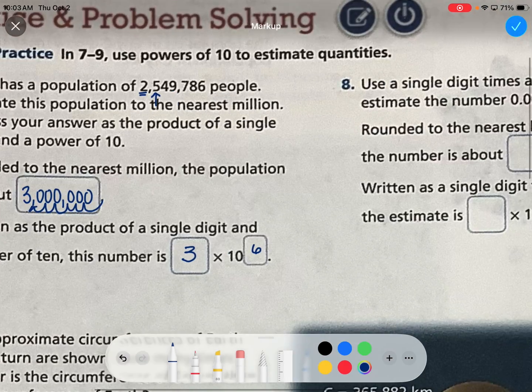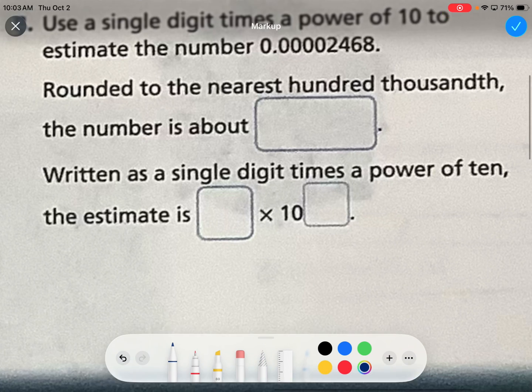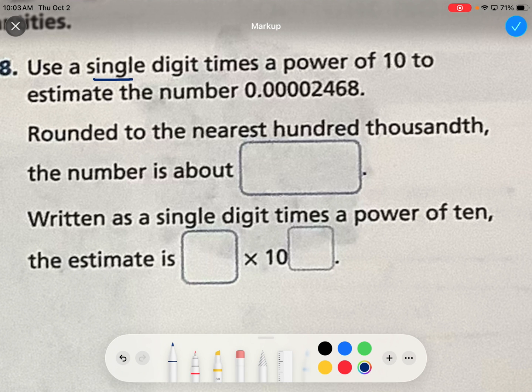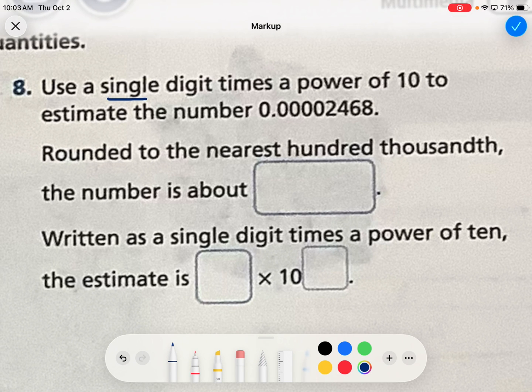Okay. Number 8. Use a single digit, again, one digit, times a power of 10 to estimate that tiny number. Round to the nearest thousandth. So we're going to look at this. And I know this is tenths, hundredths, thousandths, ten-thousandths, hundred-thousandths.